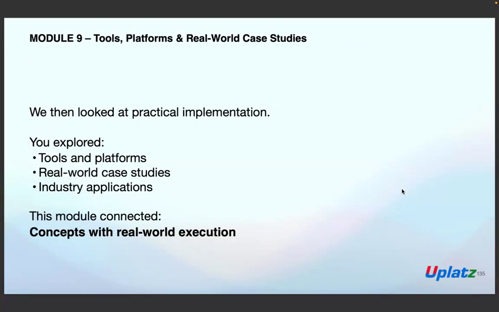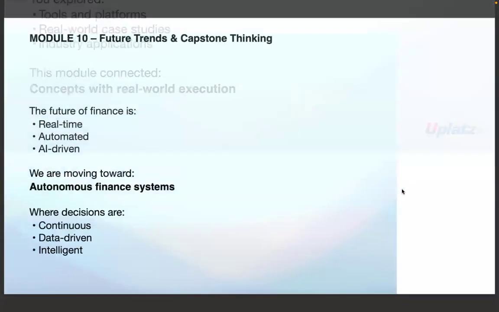The ninth module focused on tools, platforms, and real world case studies. We looked at practical implementation. We explored tools and platforms, real world case studies, and industry applications. This module connected concepts with real world execution.